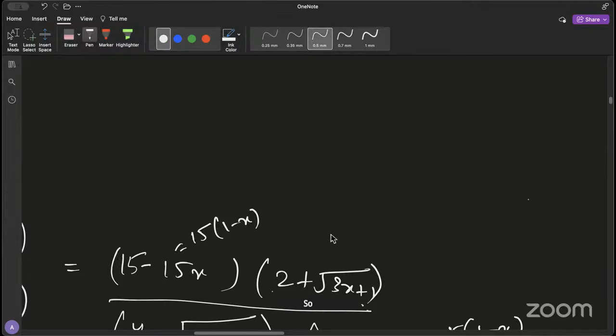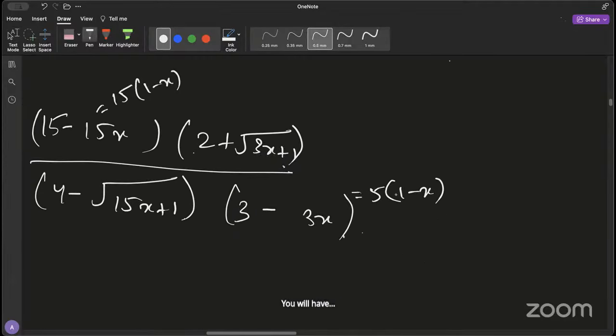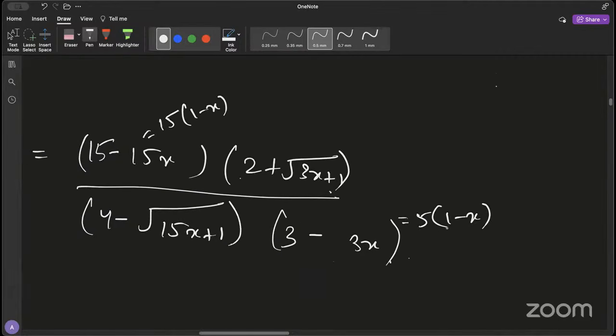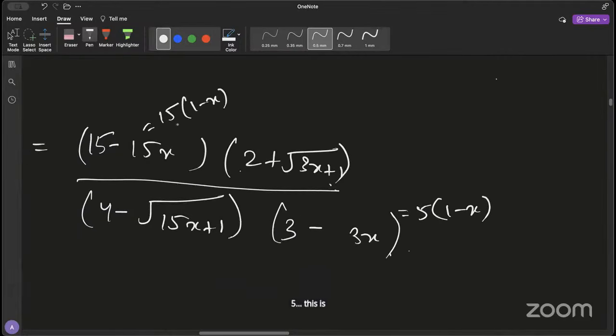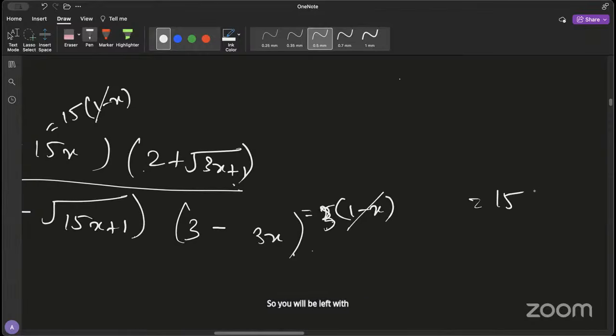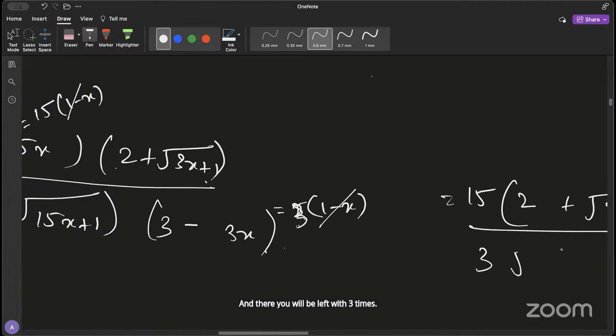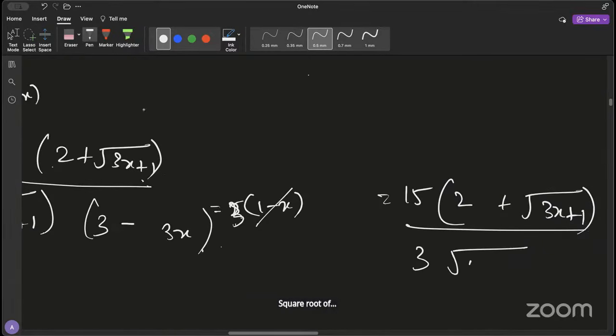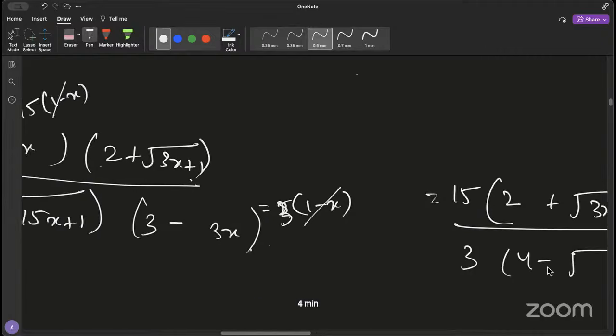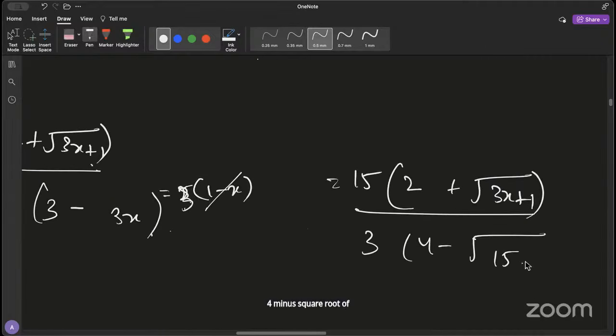So you will have this is 15 times 1 minus x, and this is 3 times 1 minus x. So this one will get cancelled from this one. So you will be left with 15 times 2 plus square root of 3x plus 1. And here you will be left with 3 times 4 plus square root of 15x plus 1.